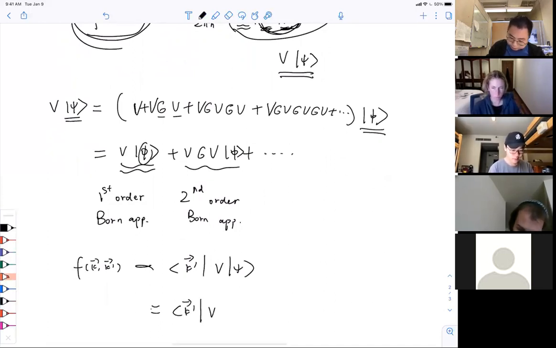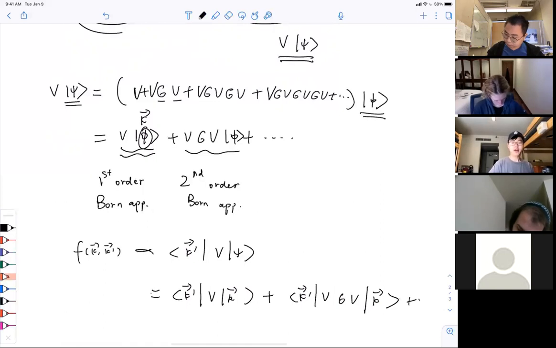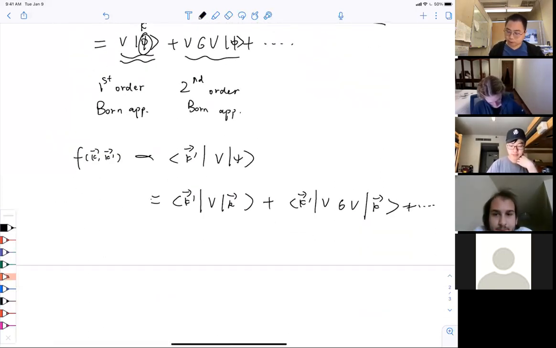By the way, this φ is nothing but |k⟩, the incoming plane wave, plus ⟨k'|V G V|k⟩. Once we have this formula, we just need to do some integrals, and then we get the result, and we can compare our theoretical result with experimental data, and that's it.